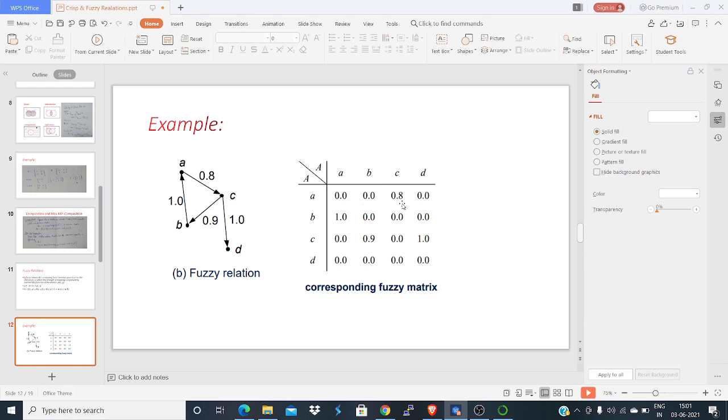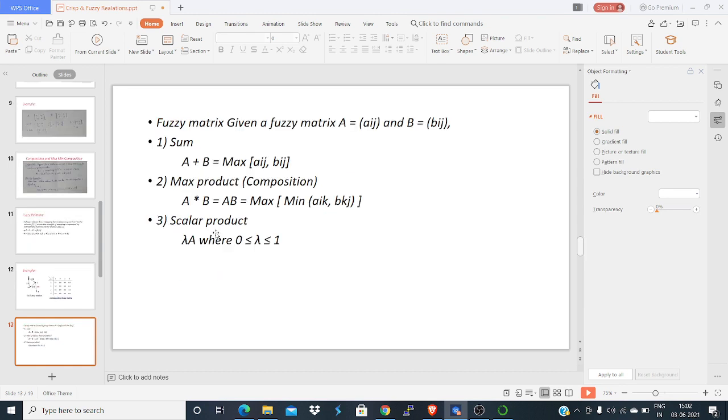A and C are connected, so the weight of that direction is given. C and D, the weight of the direction is given, and so on. We'll be placing the weights of the value if they are joining. If there is a sum, we'll be finding max. If there is a product, we'll be finding max-min. If there is a scalar, we'll be finding another.